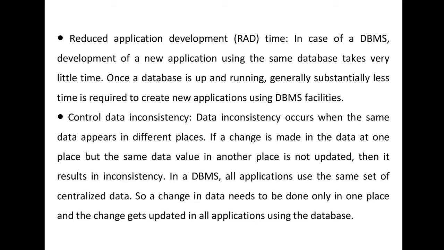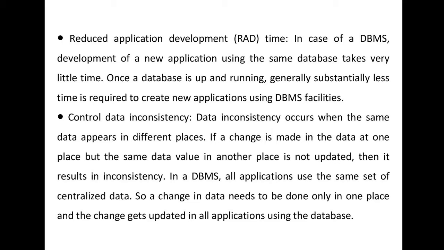And also about controlling data inconsistency. In a DBMS, all applications use the same set of centralized data. So if you change one particular column, automatically it will be changed in some other place also. That is what control data inconsistency means here.